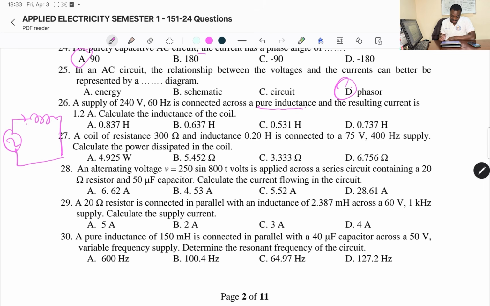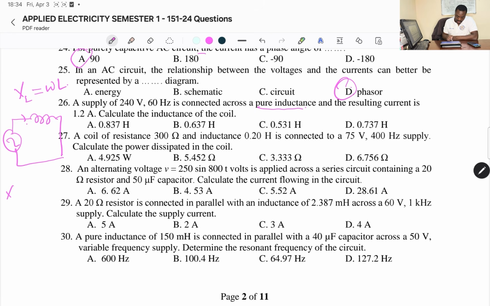So if you want the inductance, we know that the reactance of the inductor, which is the opposition to the alternating voltage, X_L is equal to omega times the inductance.